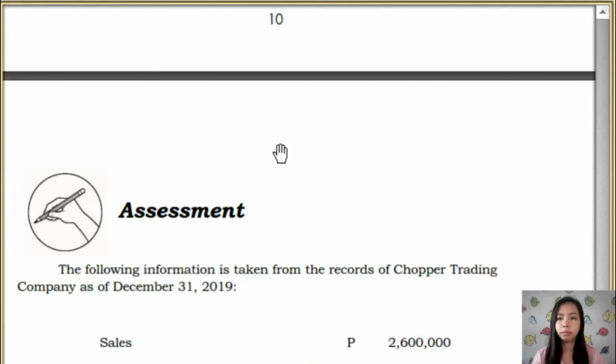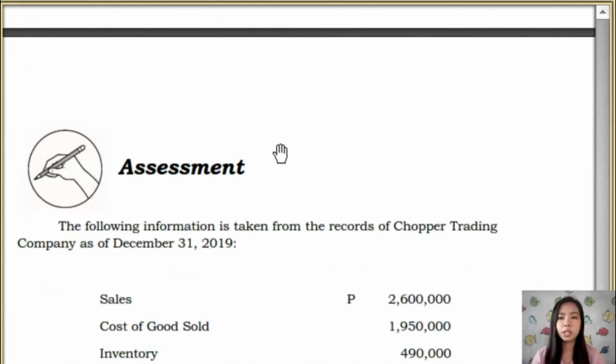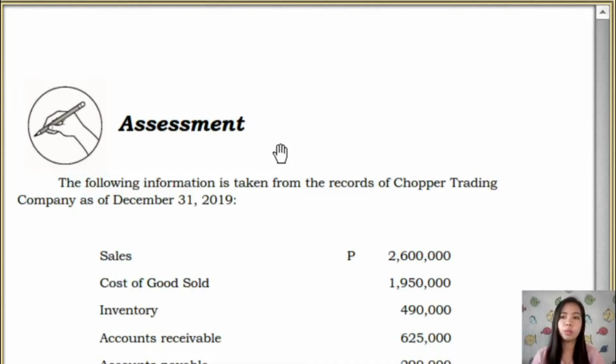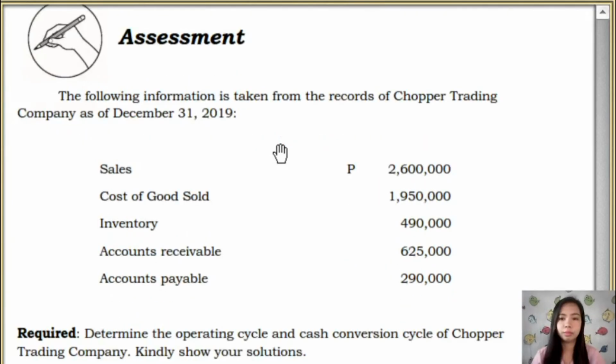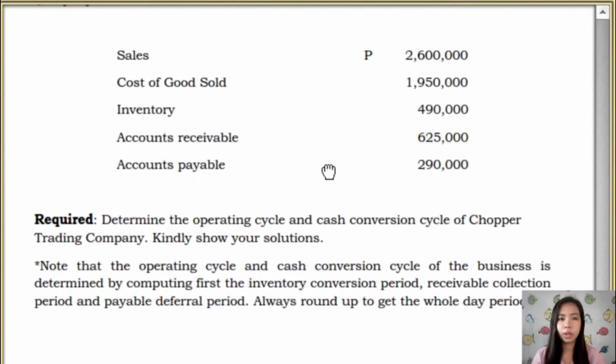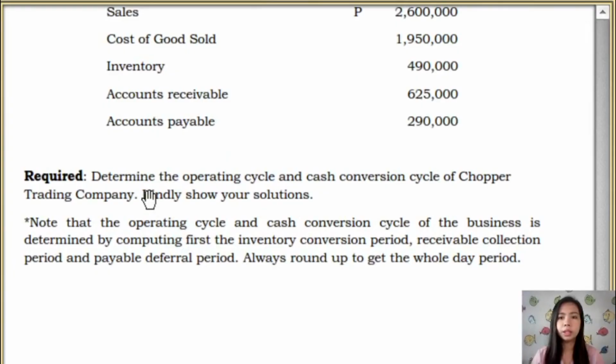Activity. Okay. The following information is taken from the records of Chopper Trading. Okay, so required. Determine the operating cycle and cash conversion cycle. I have here a specific note. Okay, that the operating cycle and conversion cycle of the business is determined by computing first.